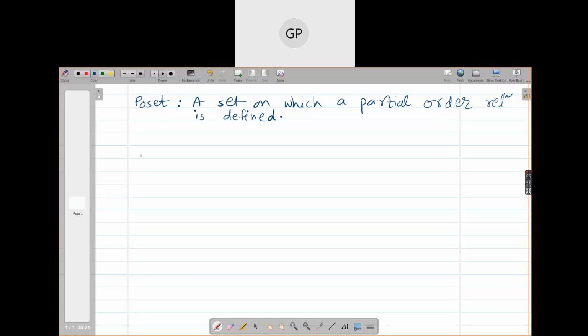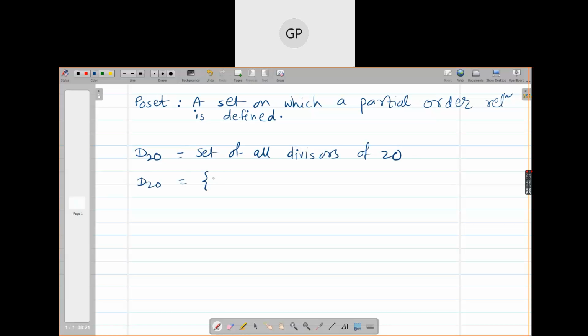Now see, if I consider the set of divisors of 20. So this is the notation we use. D20 means set of all divisors of 20. So what will be the set? Can you tell me the elements of the set?